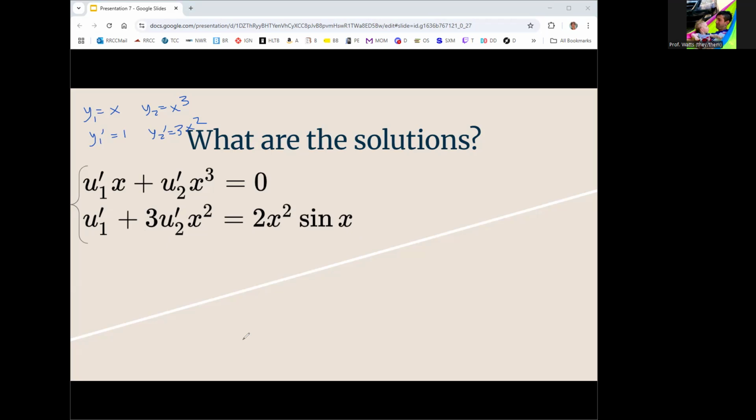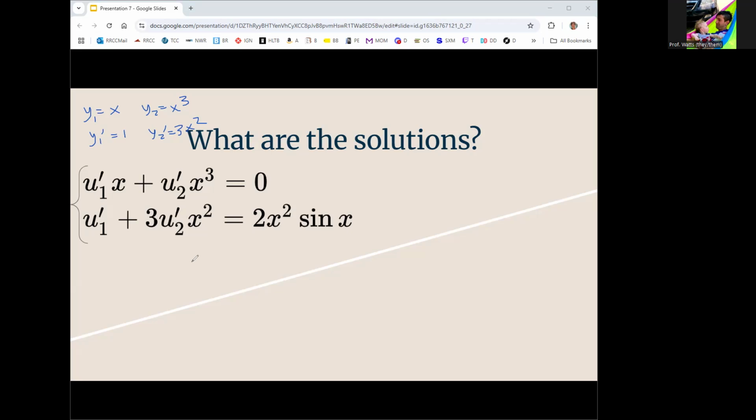So if you want to take a minute and try to solve that using substitution, the addition/elimination method, or even a matrix, go ahead and do that and see if you can come up with u1 prime and u2 prime. Go ahead and pause it if you need more time, which you probably do if you're actually doing this. I just don't want other people to have to wait.